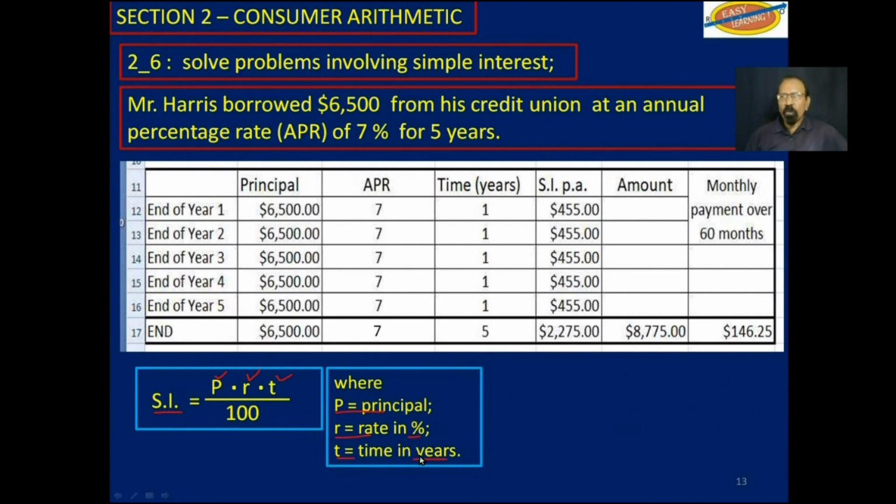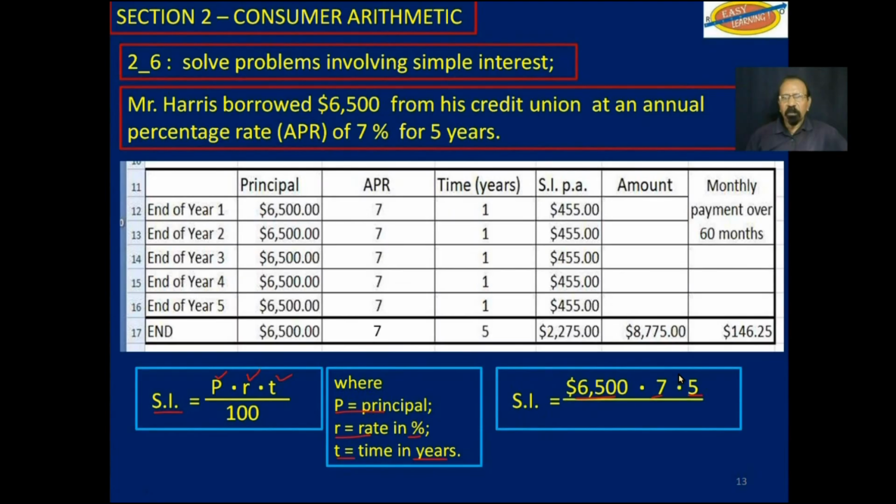So let us do over this one up here. Simple interest is equal to the principal, which is 6,500, times the rate, which is 7%, times the years, which would be 5 years. Put all of that over 100, and when you work that out, you get $2,275, which is exactly what we had up here when we were calculating it year by year.